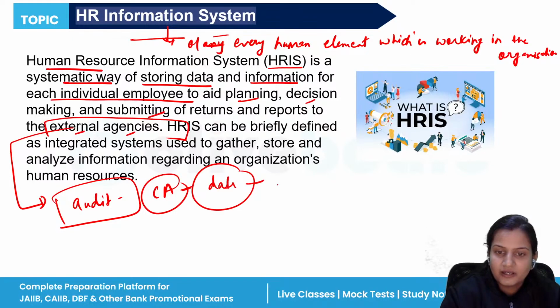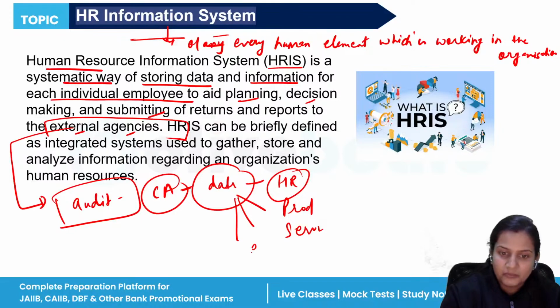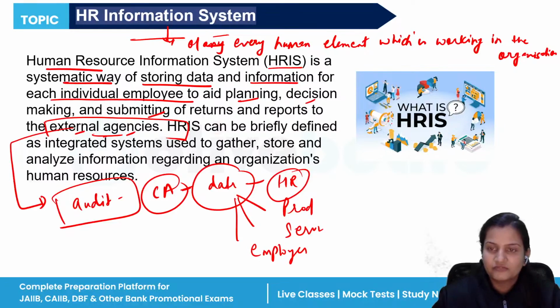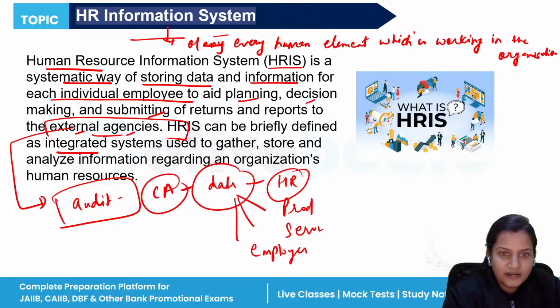In this data, the data of human resource will be available, the data of products, the data of services, and the data of all employees, external and internal, should also be available. So for external agencies also, it is very easy to gather all the information in one place. So it is an integrated system used to gather, store, and analyze information regarding the organization's human resource.